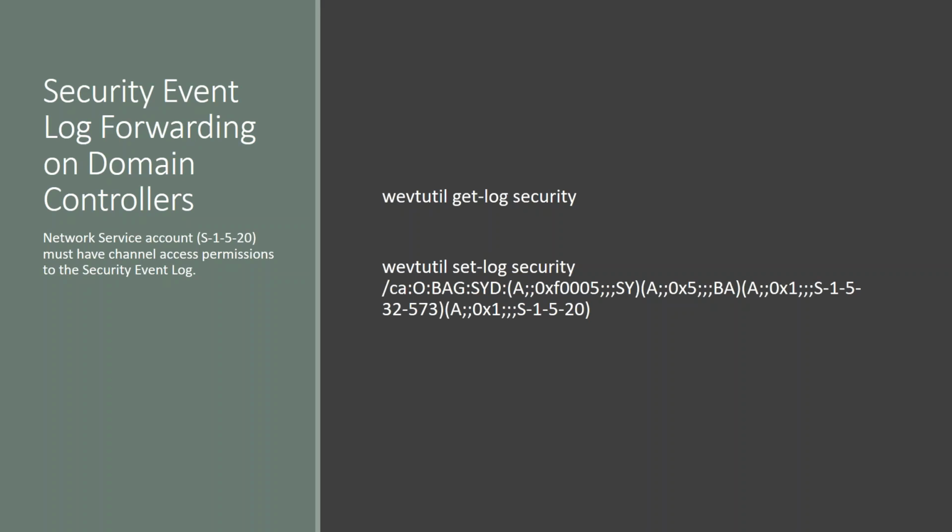I've just appended that to the string which the first command gave me, and I use that to change the security descriptor to give the network service account access to the security logs on a DC. It looks a bit scary, but it is really easy to do.